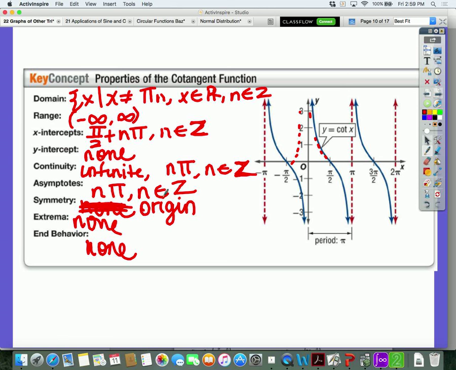It does have origin symmetry. But you're right, that point at pi over 4, 1, if you reflect it over the origin becomes negative pi over 4, negative 1, which is that point there. So it is origin symmetry.